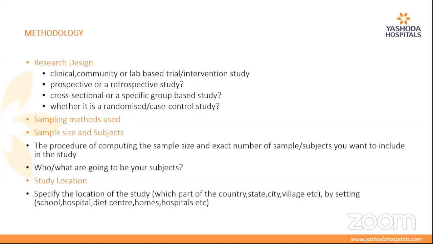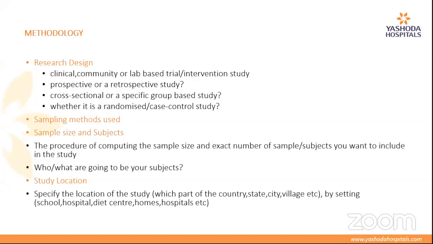Is it involving specific groups or any particular cohort of a population or the population in general? Then we have to decide whether it is a randomized control trial or a trial where normal individuals, that is the controls, are used, that is the case control study.